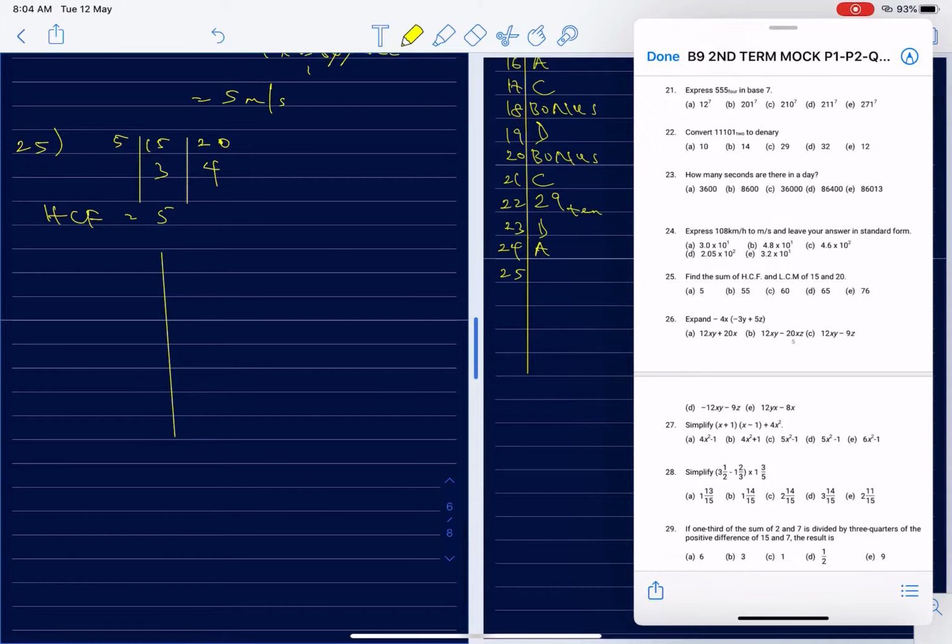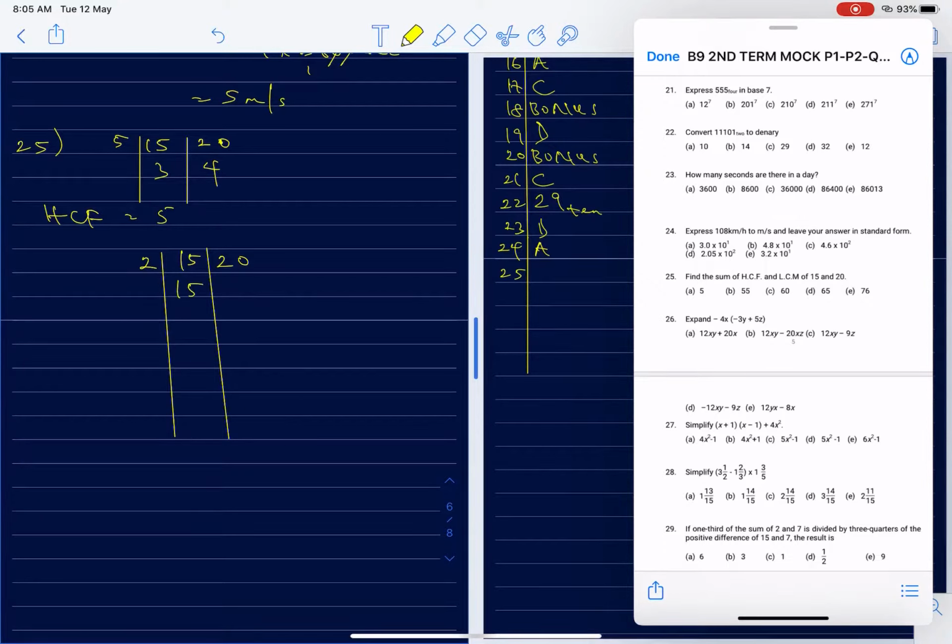Let's go to LCM. For HCF, you start dividing by the smallest prime number that will divide all the numbers whose HCF you are finding. But for LCM, you find the smallest prime number that will divide at least one of them, and here it is 2.